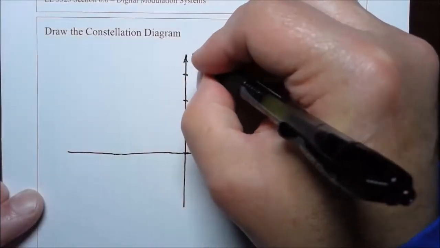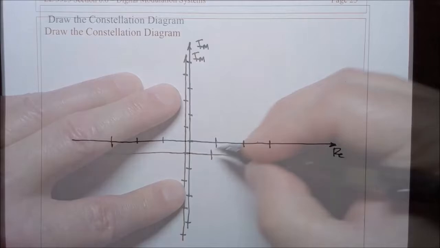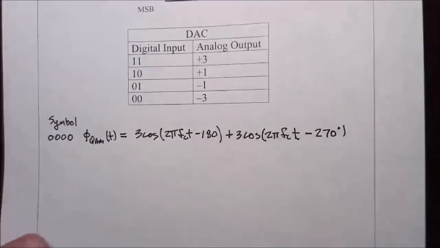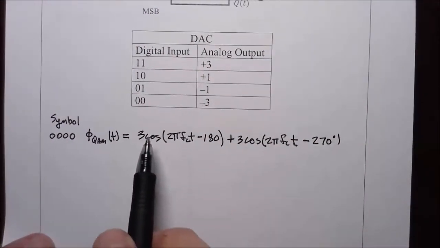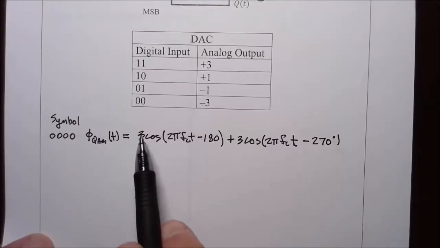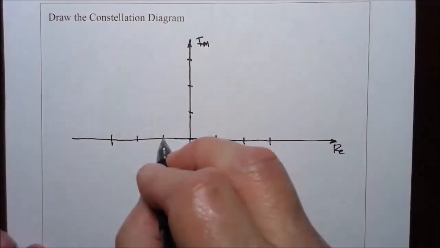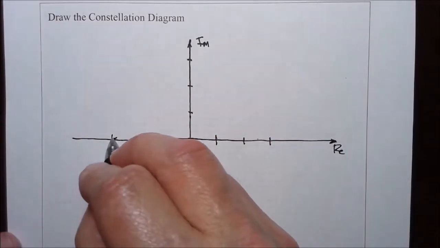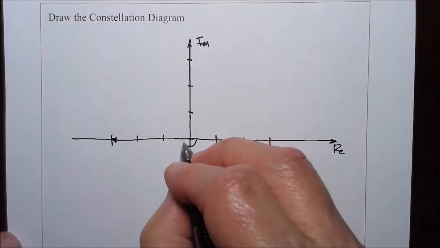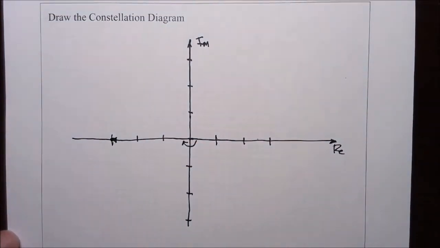This is the imaginary axis, and I'm putting in some tick marks. So we want to plot the phasors for these 2 sinusoids. The first has an amplitude of 3 and an angle of -180 degrees. So that's an amplitude of 1, 2, 3. So the arrow points to here, and the angle is -180. That's to this point.